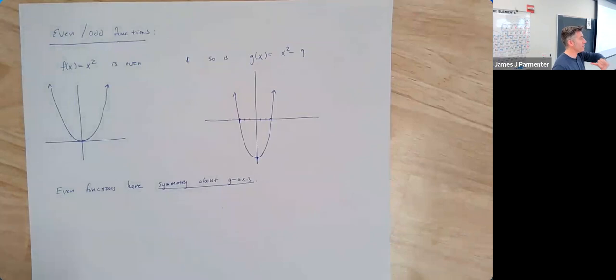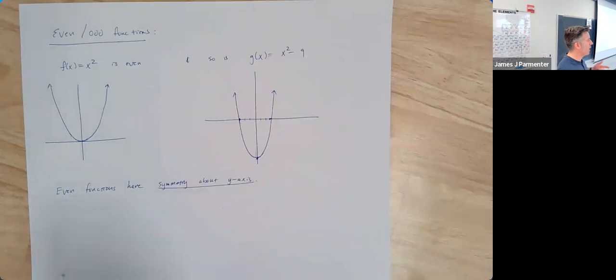There's one function and one function only that has symmetry about the x-axis, and it is the function y equals 0. The horizontal line, the x-axis, if you reflect it about the x-axis, it still looks exactly the same. It's the only example of a function that is both even and odd.